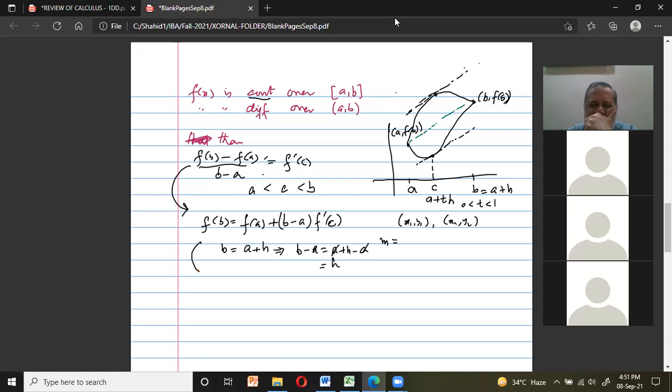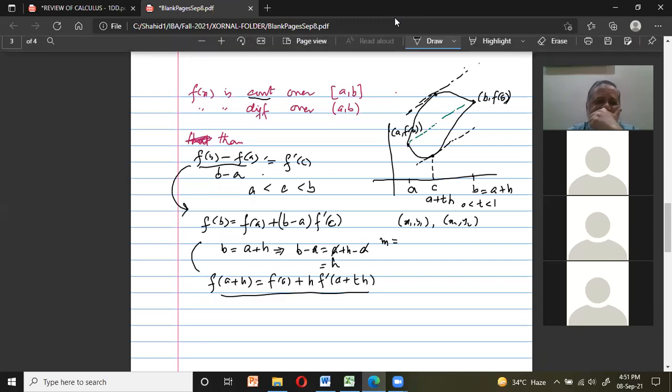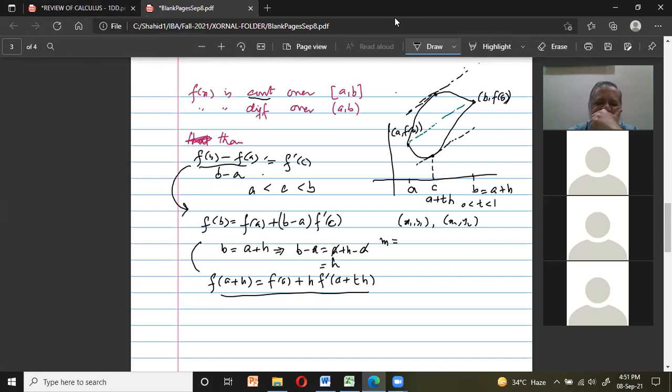So now f(b), that is f(a plus h), is equal to f(a) plus (b minus a), which is h, times f prime of (a plus t h). This kind of expression may be helpful for us in our study of integral calculus.